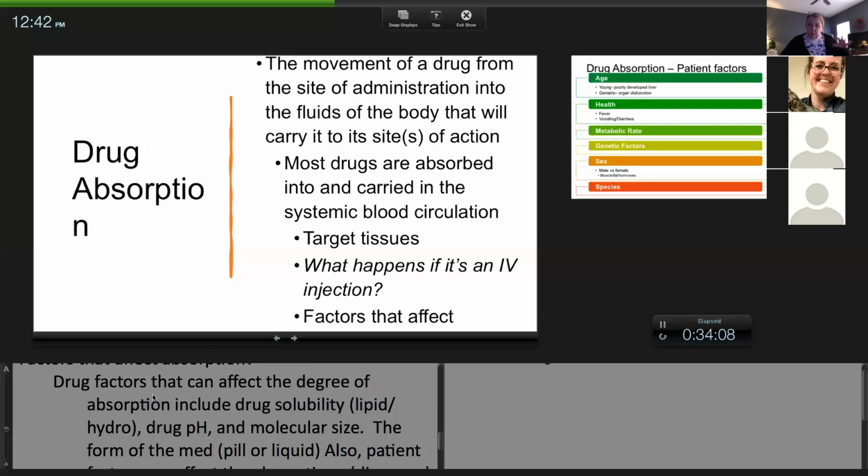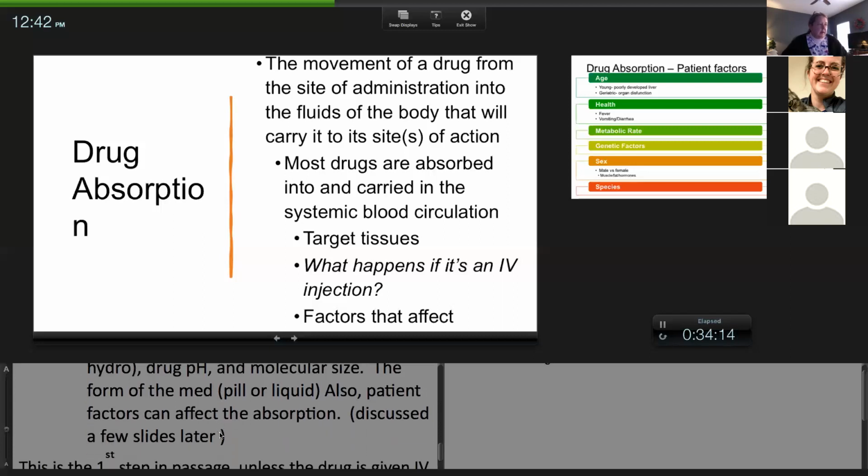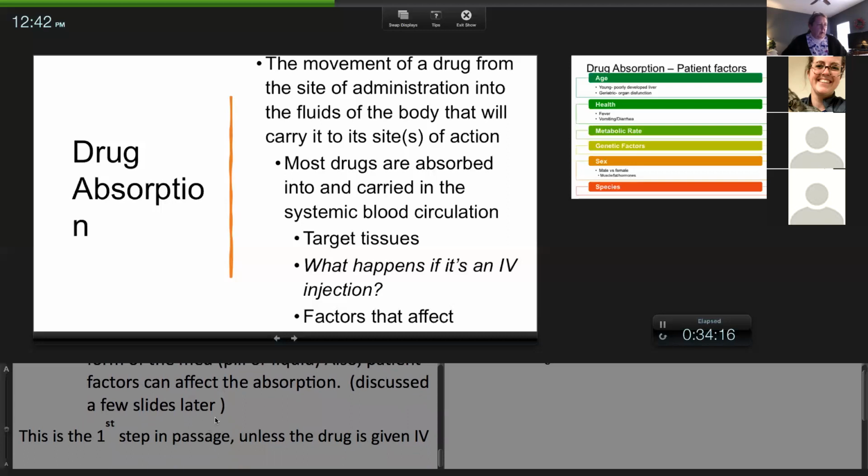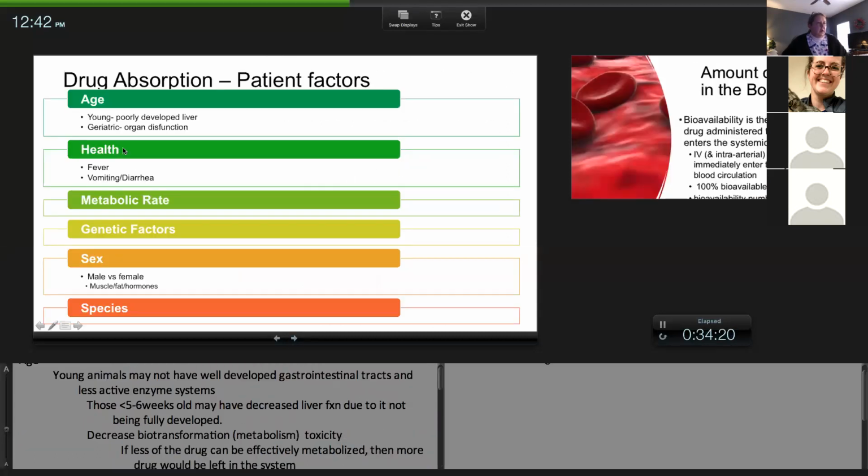So the way the drug is designed has a lot to do with its absorption, its molecule size, and we'll talk about patient factors here. This is a lot to think about. Like I said, I know I'm focusing on anesthetics, but age matters.